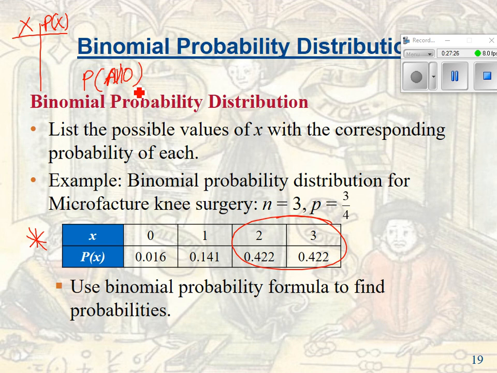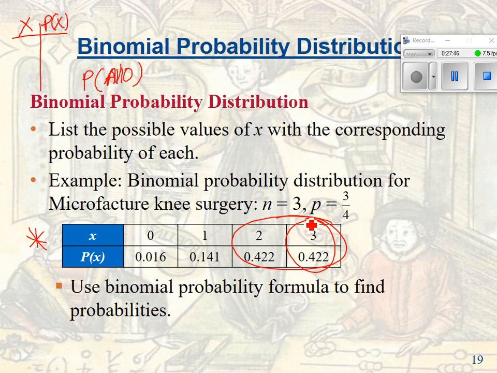Which of these events have no failures? Be careful. That's the last one, 3. Just that one, right? So what's the probability they have no failures? 42%. You gotta be able to read these problems carefully and understand what they're asking you.